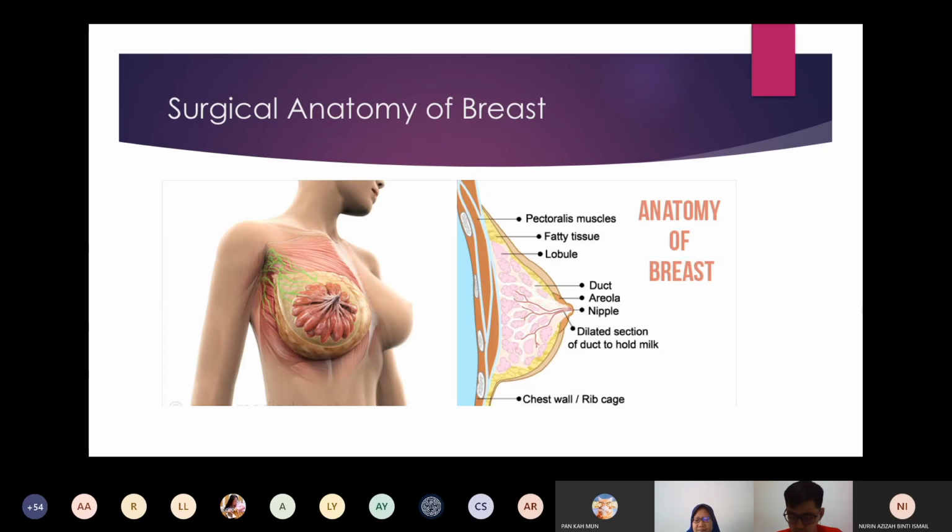Okay, second thing, I'd like to know. From what I've read, the breast shape is maintained by the ligaments of Cooper. During surgery, for example a mastectomy or trying to reconstruct the breast, do we remove the ligaments of Cooper or do we just cut through them?